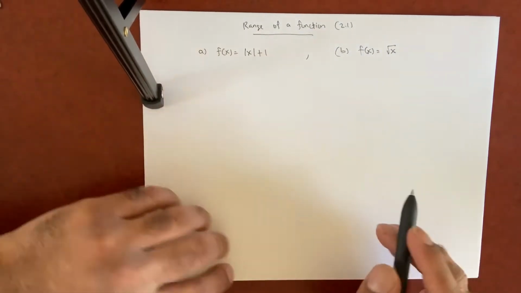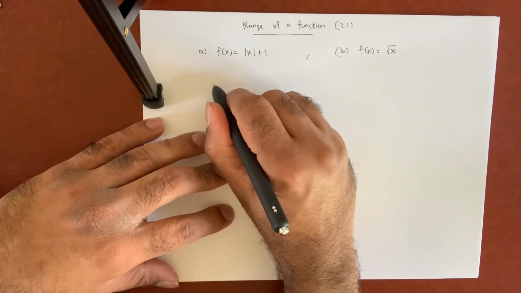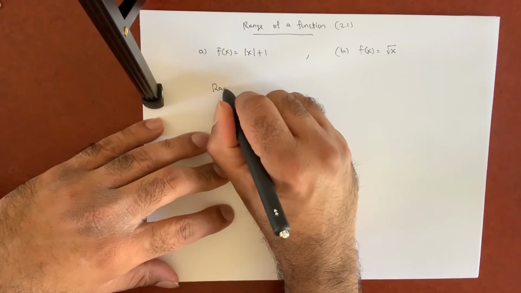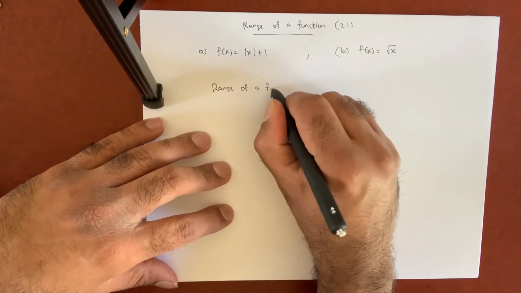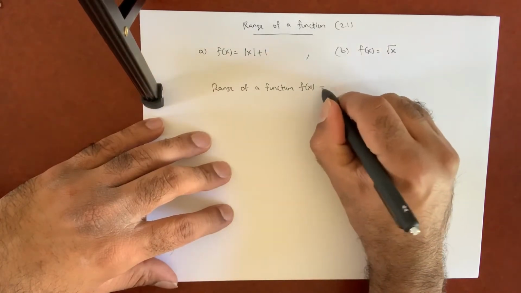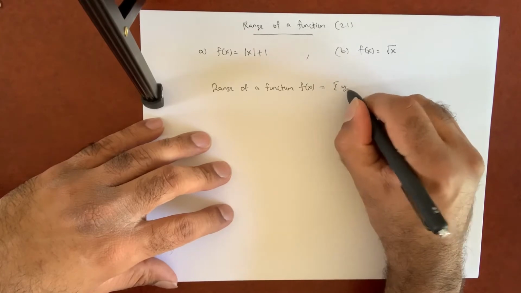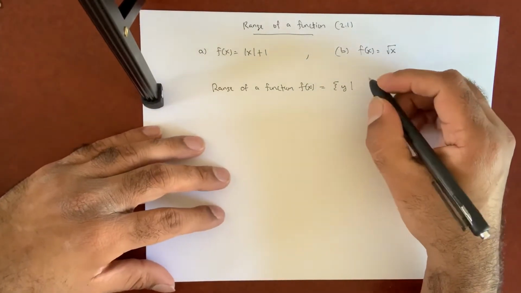Before we dive into these, it's probably good to first state what is the domain, what is the range of a function. So the range of a function f of x, what is it? By definition, it's all the y values that you get when you plug in every x value in the domain.